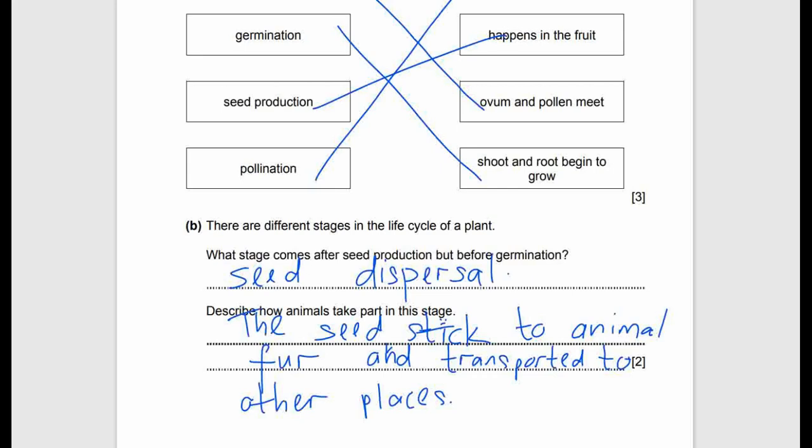That is how the seed gets dispersed. There are many other possible answers. Another answer is that the animal eats the seed and they excrete it in different places.